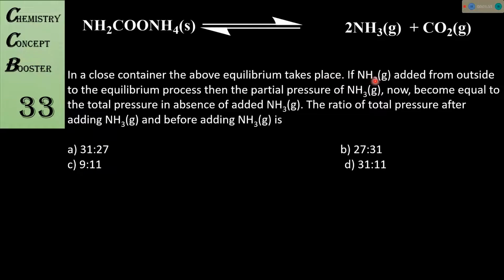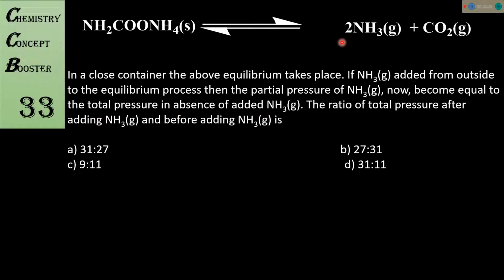If NH3 gas is added from outside to the equilibrium, that is excess ammonia gas, then after adding NH3 gas, the partial pressure of the ammonia gas becomes equal to the total pressure in absence of added NH3 gas.